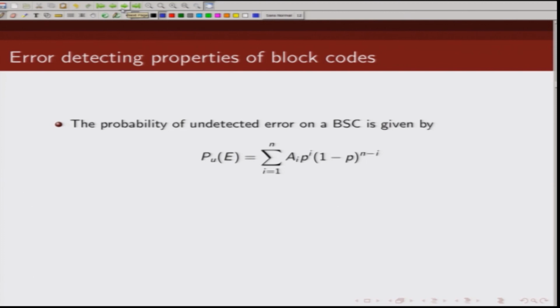Now, the probability of undetected error for a linear block code over a binary symmetric channel is related to the weight distribution of the code.